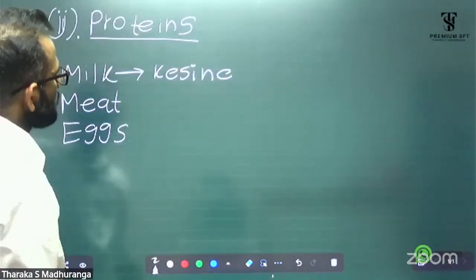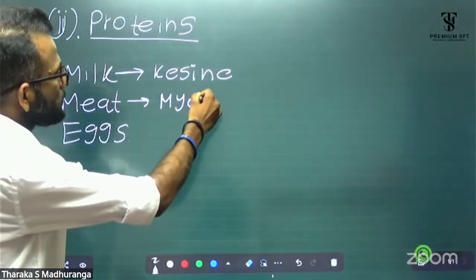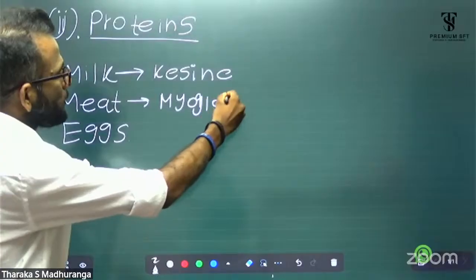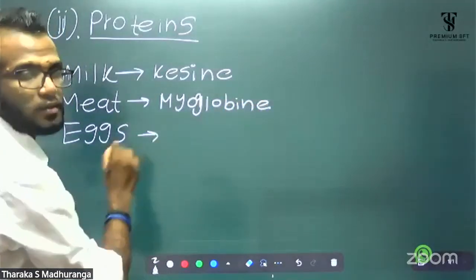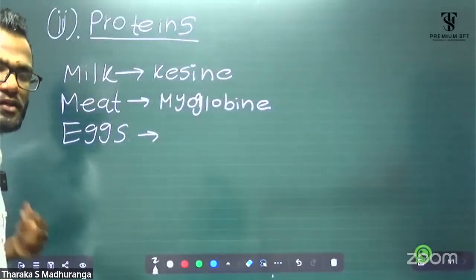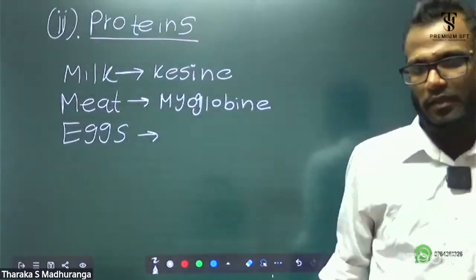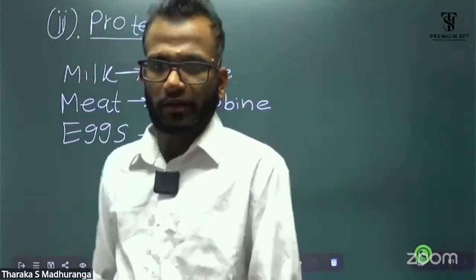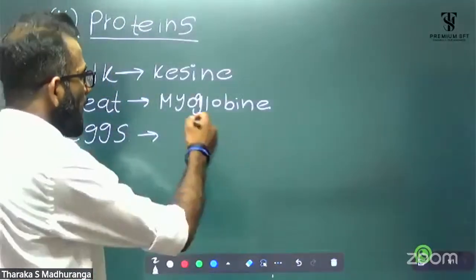If you take meat, it is myoglobin. Eggs are also protein. What's the protein of eggs? The egg white we call albumin.